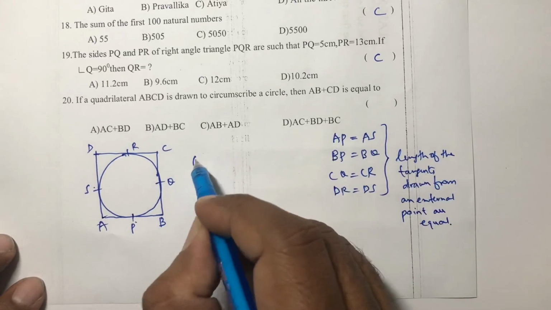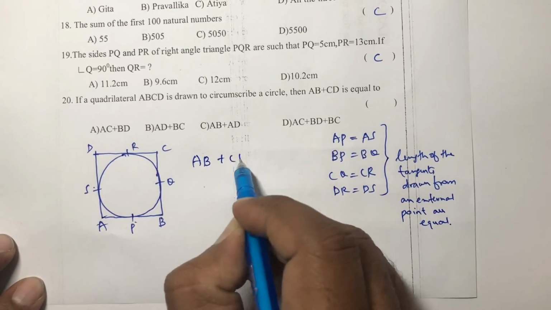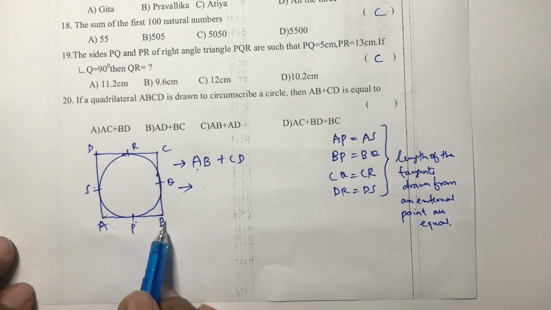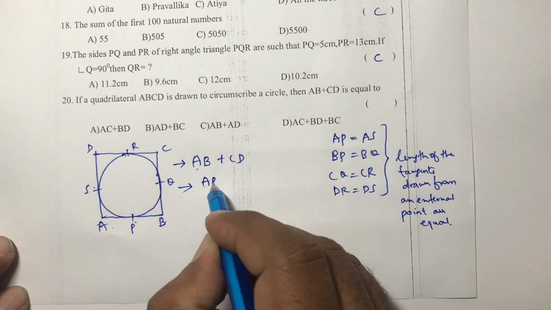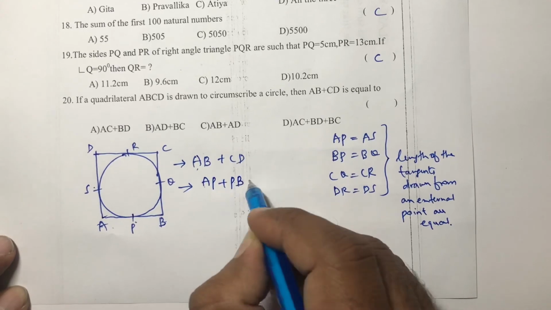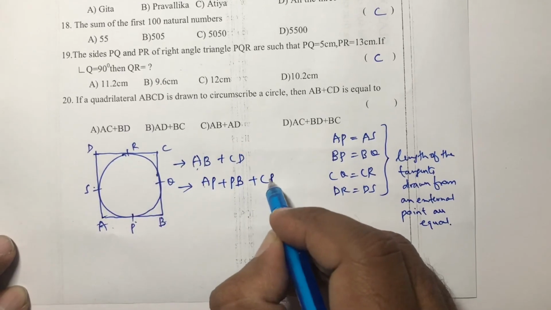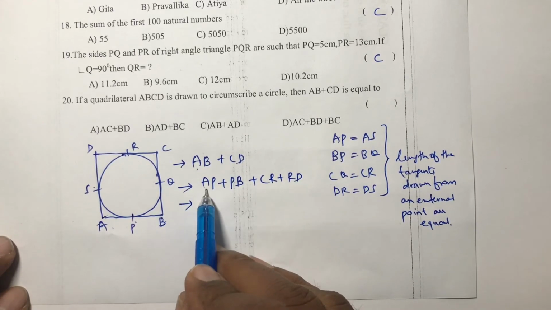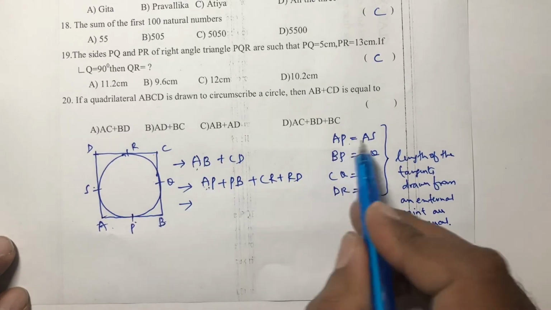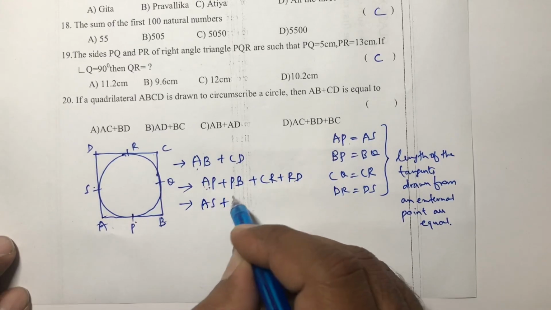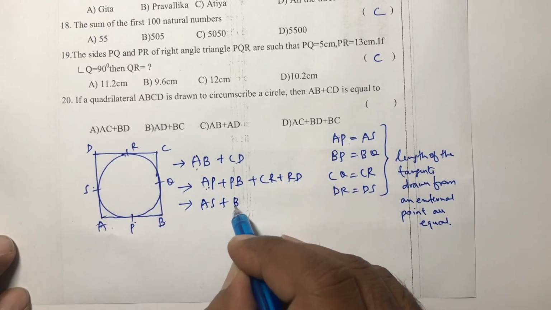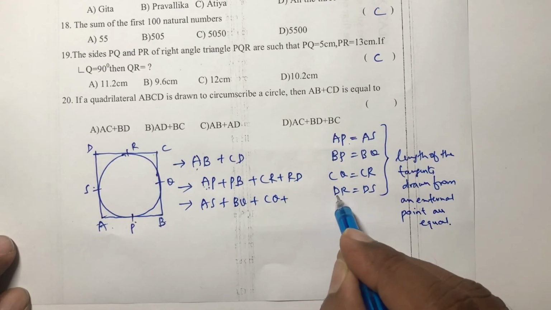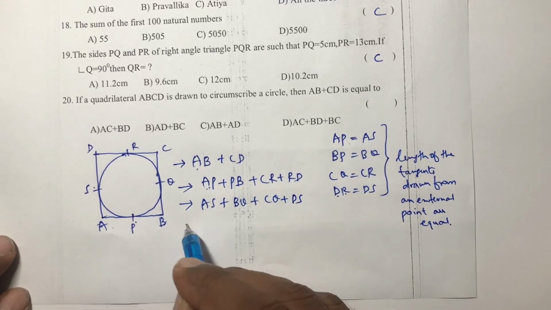Okay, now what they are asking? They are asking AB plus CD. AB, by seeing the diagram, if I split, is AP plus PB. CD is CR plus RD. Now switch these letters: AP you can write as AS, PB you can write as BQ, CR as CQ, RD as DS.